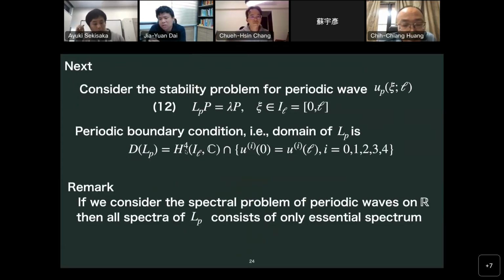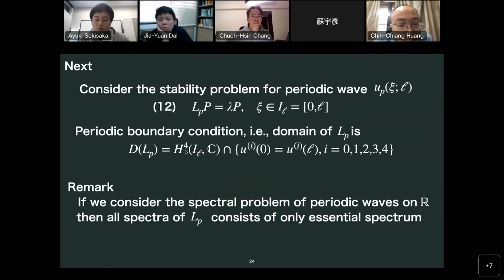If we consider the spectral problem of periodic waves on the unbounded real line, then all the spectrum of the linearized operator consists of only essential spectrum, so we cannot use dynamical theory or topological theory.